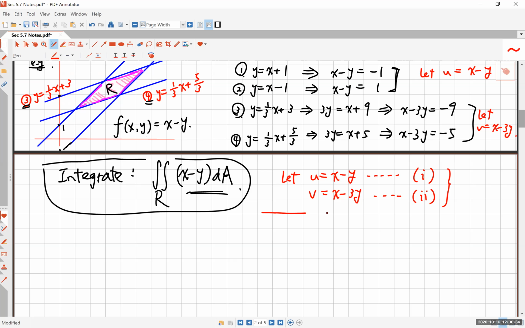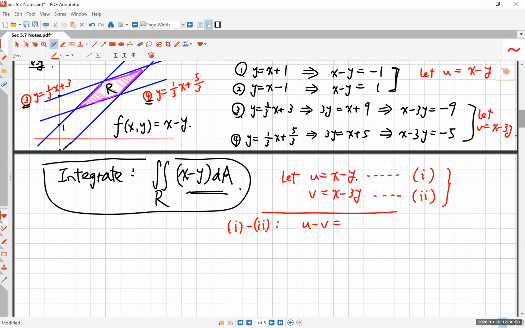Exactly, right? You have to solve the system of equations. So I can solve x and y in terms of u and v. So what would be a good thing to do in this situation? I see x and y here. So I think I can do equation 1 minus equation 2, right? And see what happens here. Then u minus v is, remember, x minus x is 0.